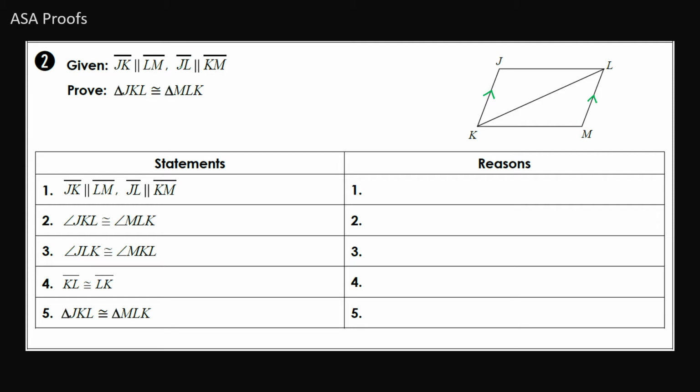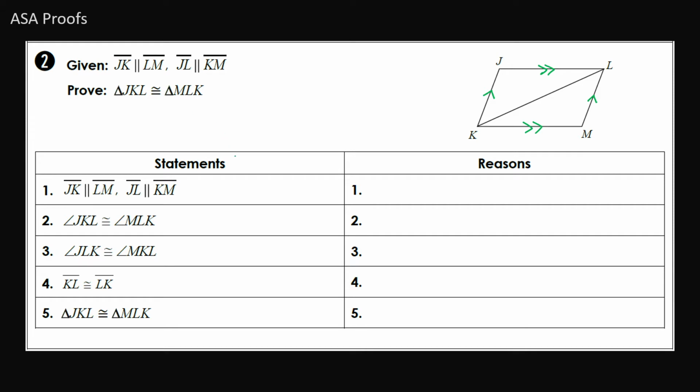And I'm also given that segment JL is parallel to segment KM. I already used single parallel line markers, so let's use double for the other set of parallel lines. So JL is parallel to KM. This is the information we know, and we're asked to prove that triangle JKL is congruent to triangle MLK.